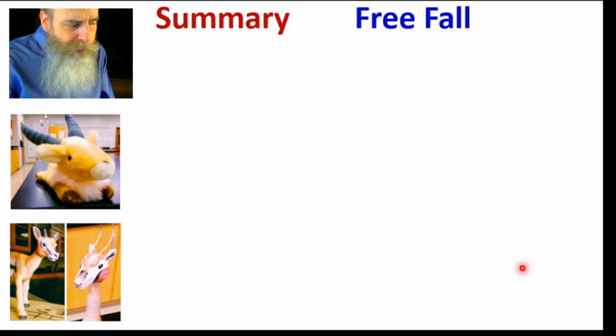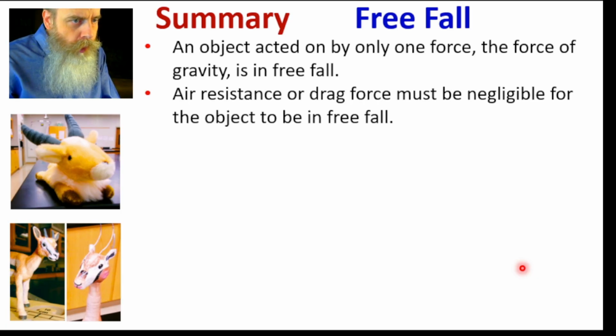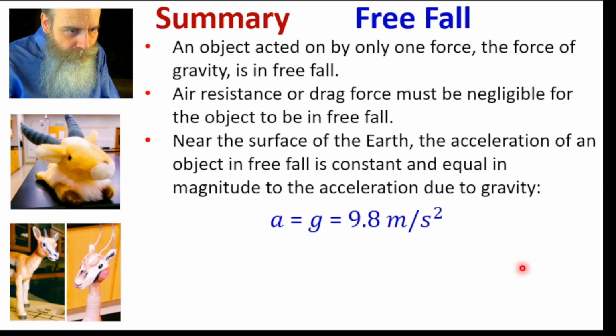Here's a summary of what we learned today. Free fall. An object acted on by only one force, the force of gravity, is in free fall. Air resistance or drag force must be negligible for the object to be in free fall. Near the surface of the Earth, the acceleration of an object in free fall is constant and equal in magnitude to the acceleration due to gravity.